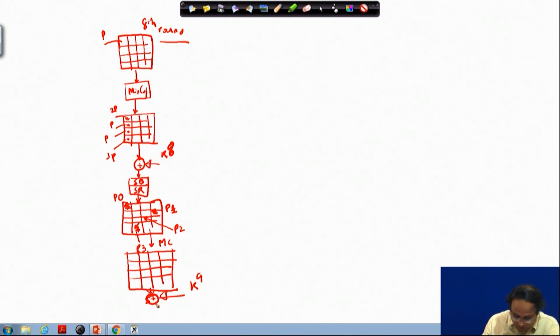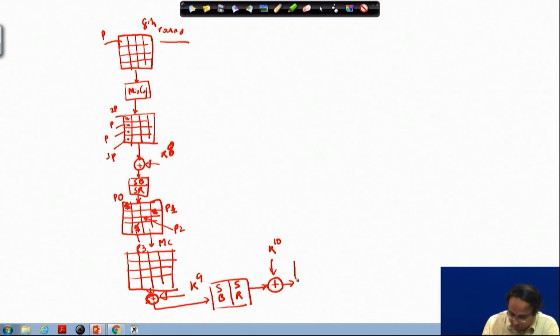After this you have again a layer of 2 operations, the sub bytes and the shift rows. Finally you do an XOR with the 10th round key, K10, to give your corresponding cipher text. Let us denote it as C10. This is how your differential works.